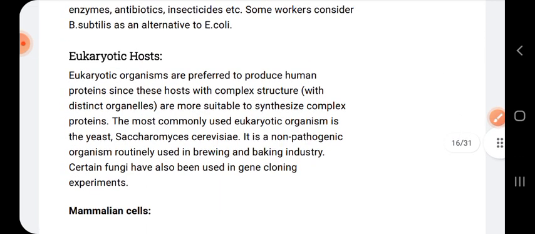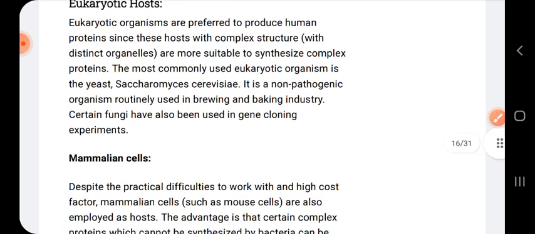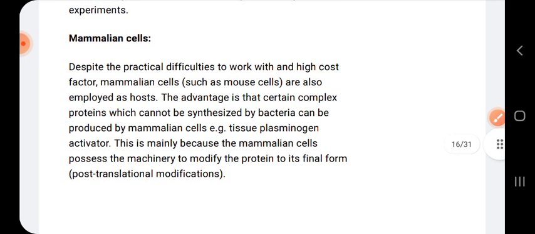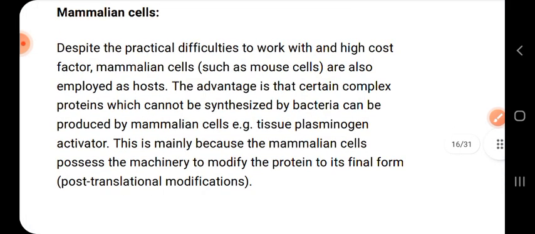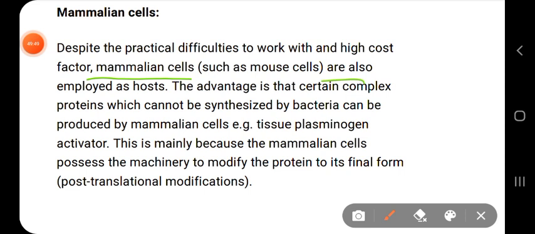For that reason, we use eukaryotic cells. If you want to express the desirable gene in a host cell, we use a mammalian cell. Despite practical difficulties in working with them and the high cost, mammalian cells are also employed as hosts. One limitation in culturing mammalian cells is that they are costly to maintain.